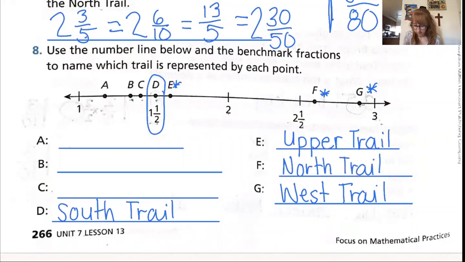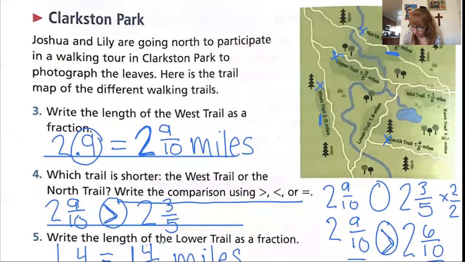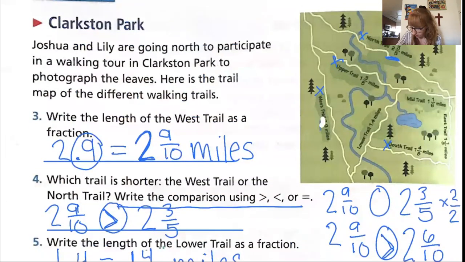Okay, finally we have A, B, and C, and we're less than 1 1/2, but more than 1. So let's start with A. You want to look and see which trail is the smallest fraction. With these two fractions here, we're comparing unit fractions.